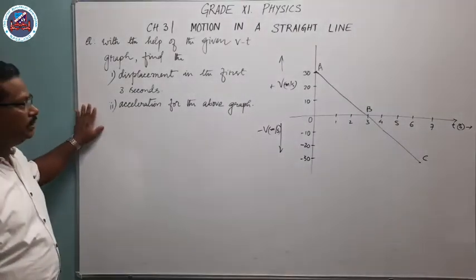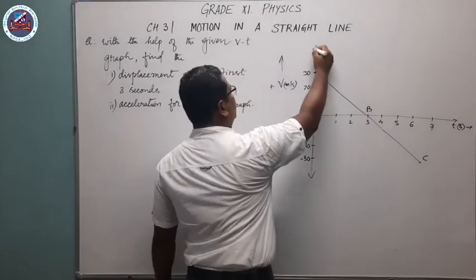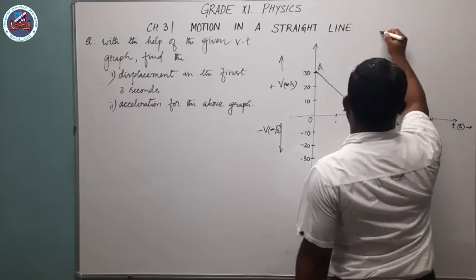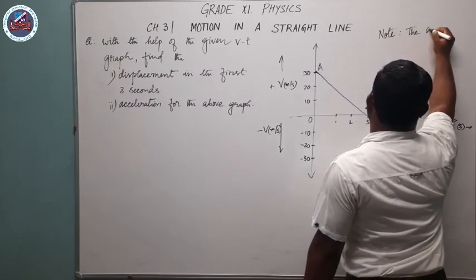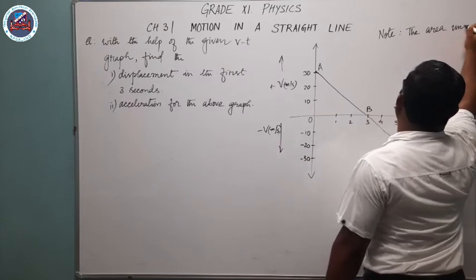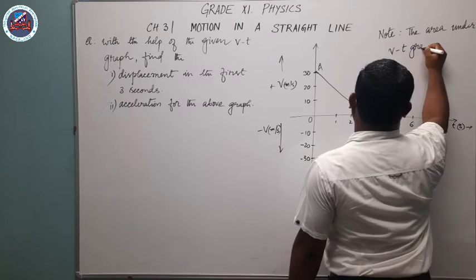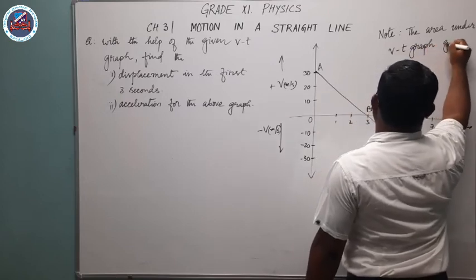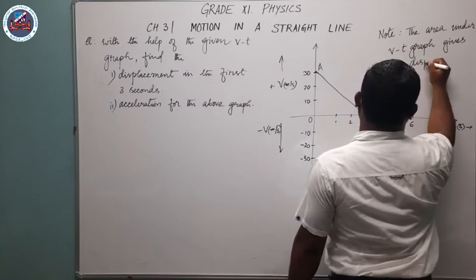Here you learn one new thing. In a velocity time graph, I write down here, the area under the velocity time graph gives us displacement.